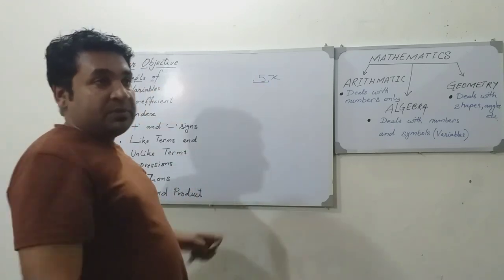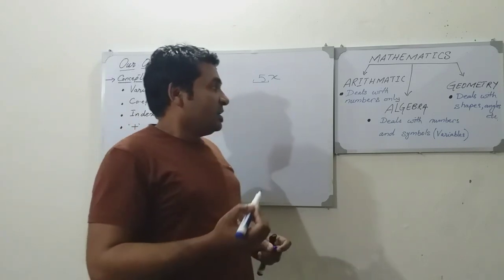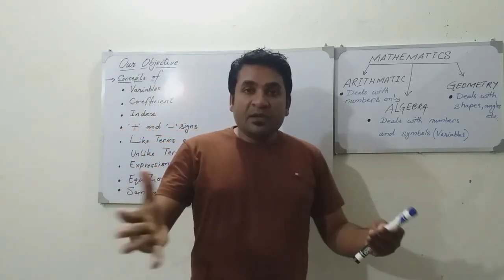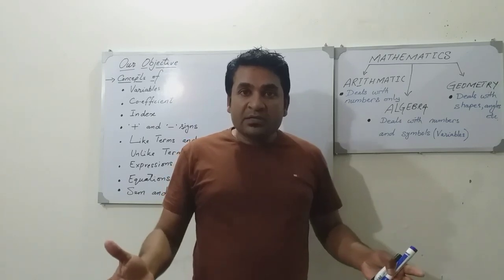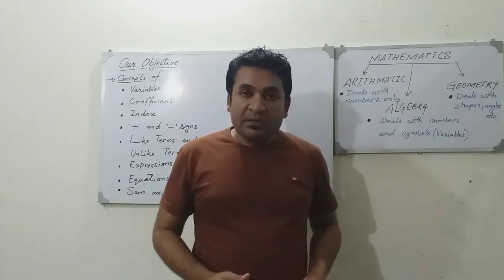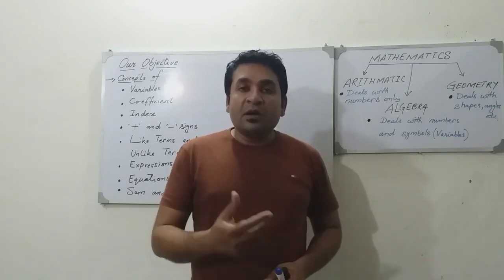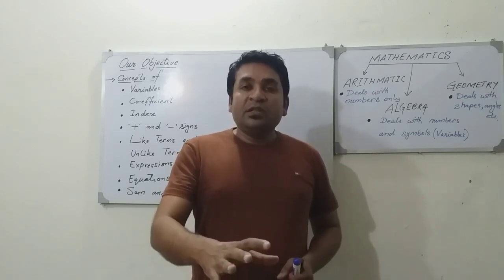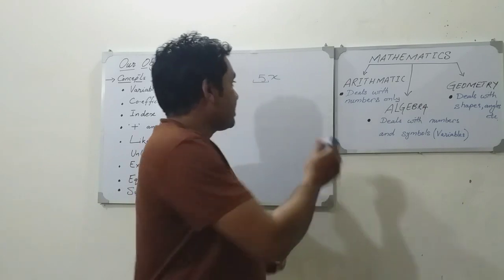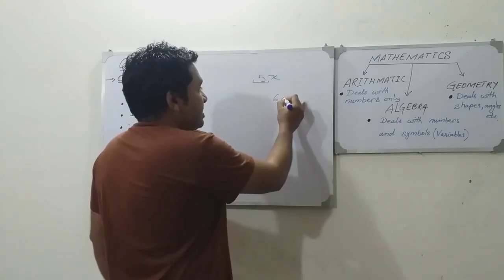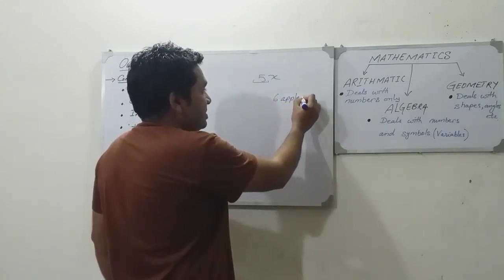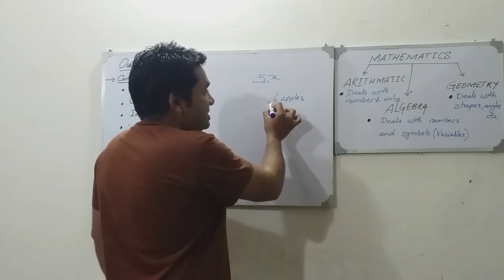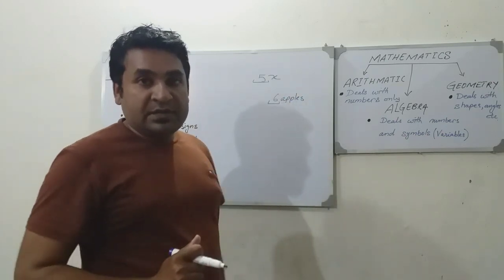Okay, for example, if there is a basket full of apples, I ask you to count how many apples are in it. So you count them and you tell me that there are 6 apples, so you write 6 apples. This 6 is a coefficient.